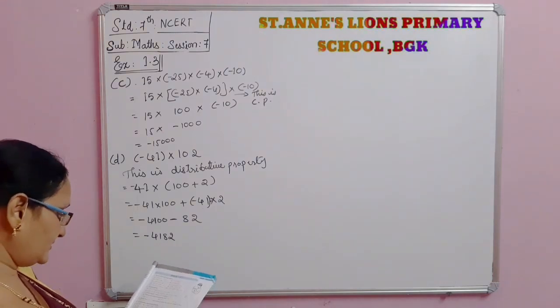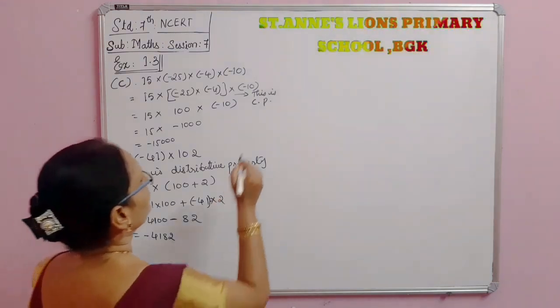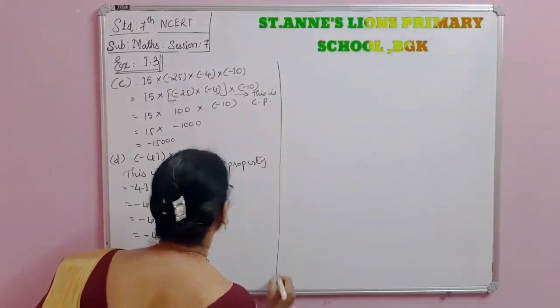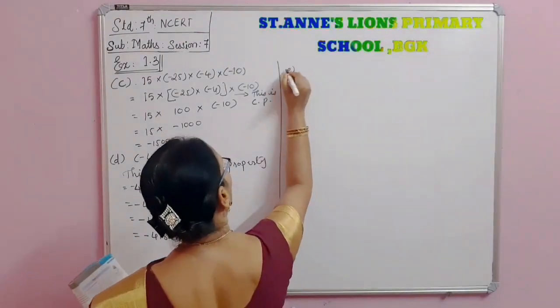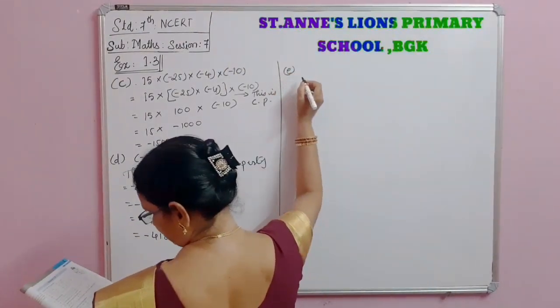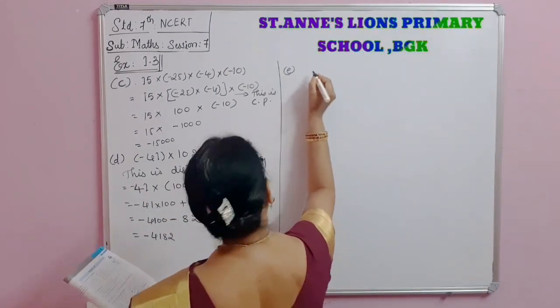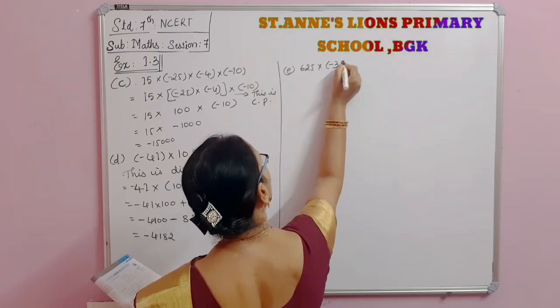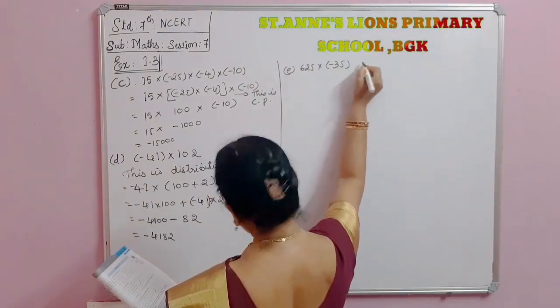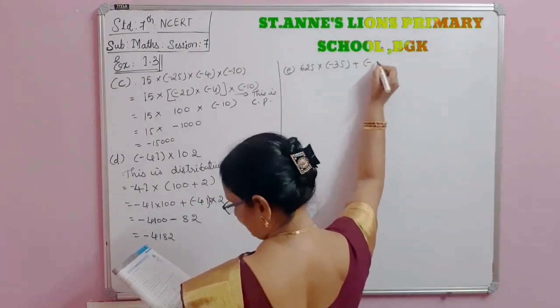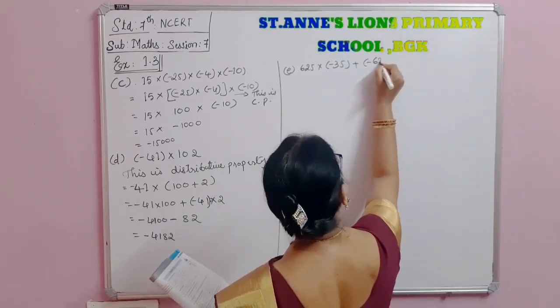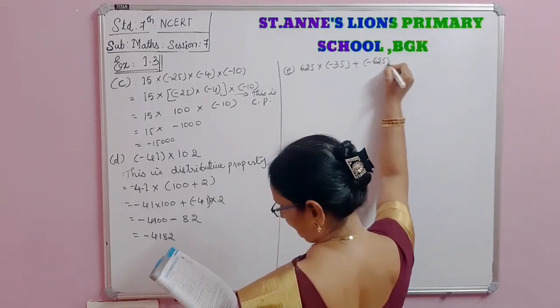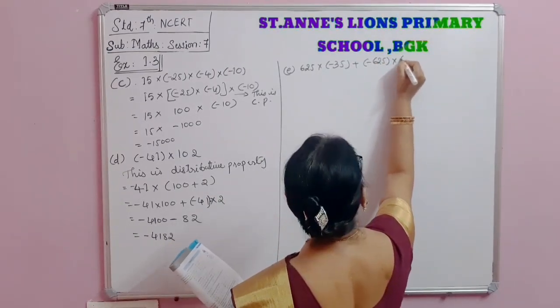Okay, then the next one is E. 625 into minus 35 plus minus of 625 into 65.